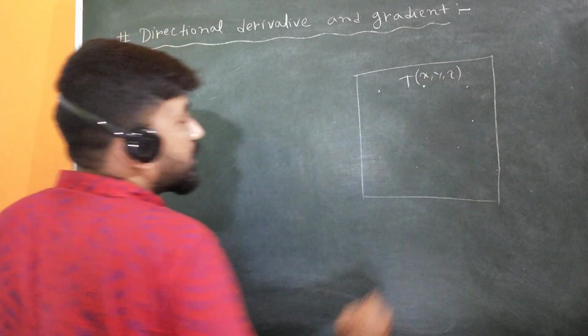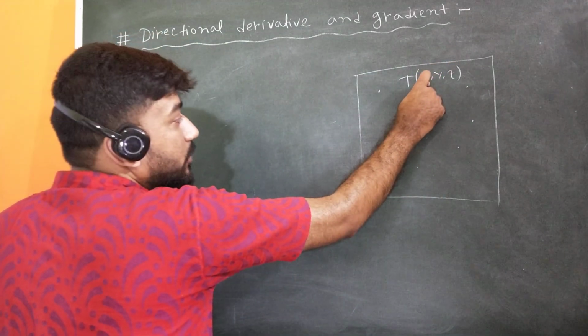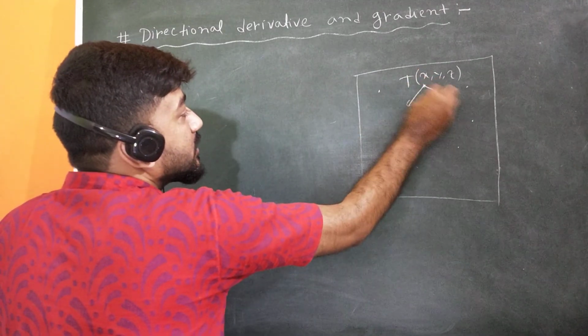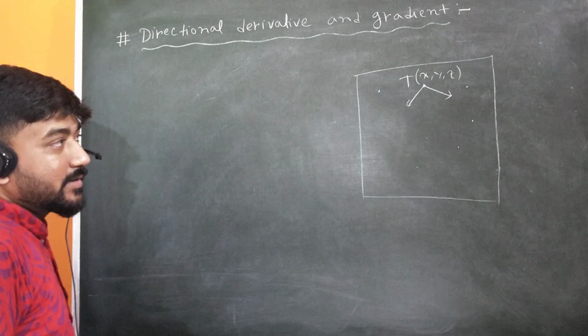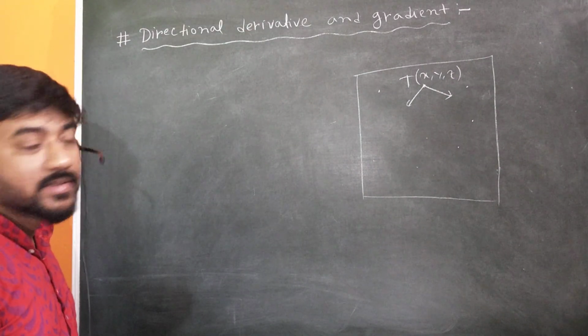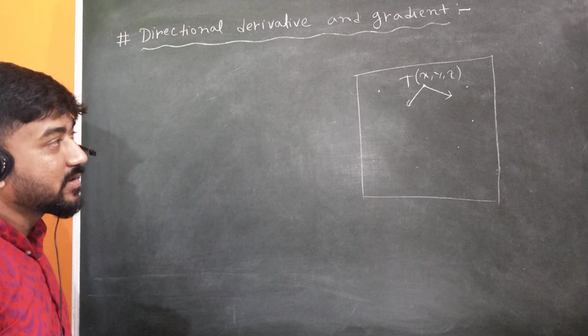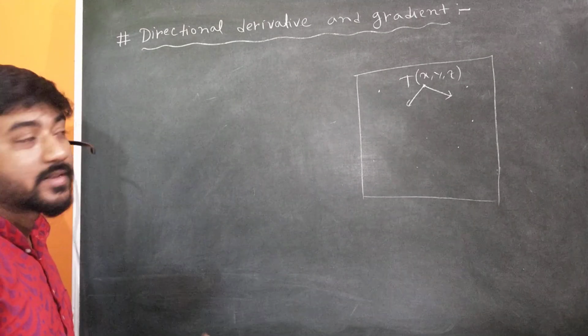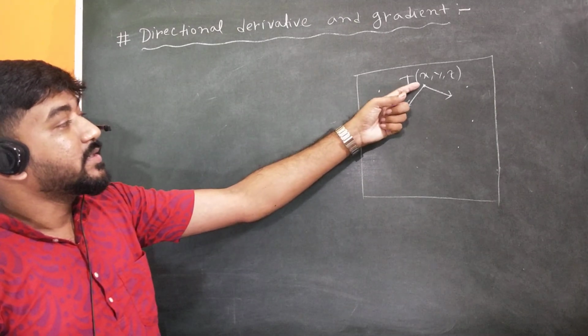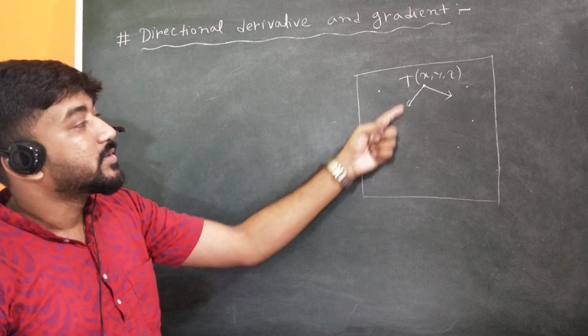Now if you move from this starting point in any direction, you will get the temperature increasing in a certain direction, decreasing in a certain direction, or maybe constant in a certain direction. So the temperature is changing with respect to space.